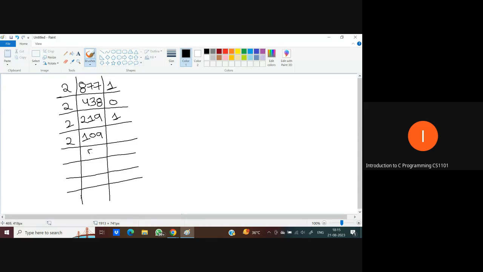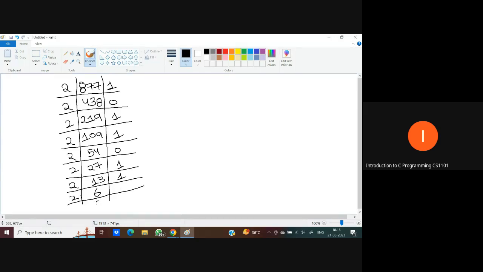It is going to be 5, 4. It is going to leave 1 as the remainder. 2, 27. It is going to leave 0 as the remainder. Again 2, 1, and 3. It is going to leave 1 as the remainder. Then 2, it is going to go by 6. It is going to leave 1 as the remainder.